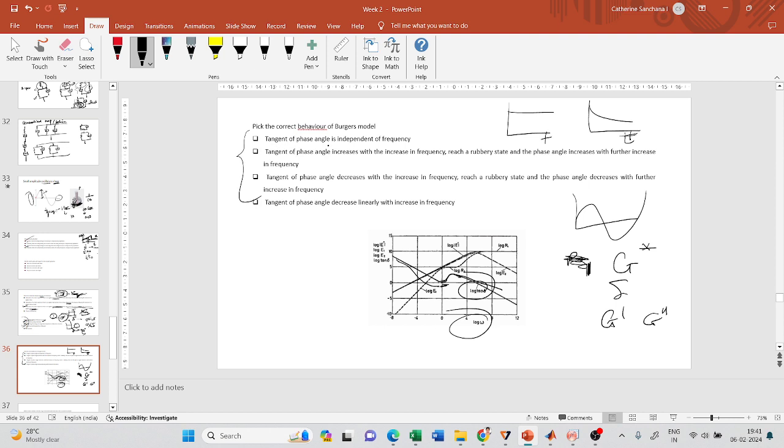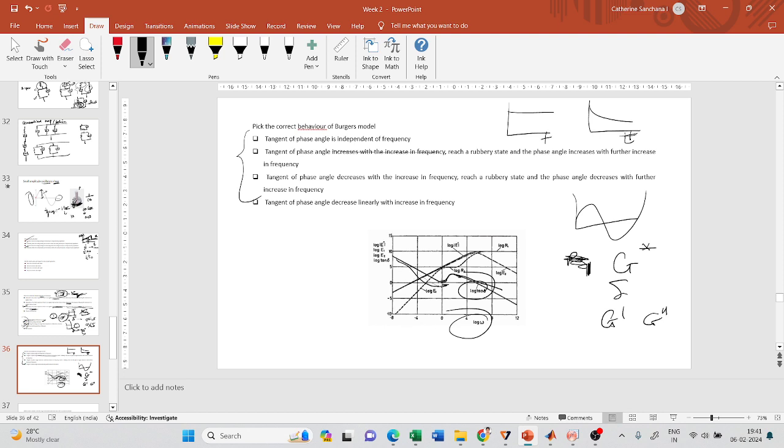Okay. So, tangent of phase angle is independent of frequency. If it is independent of frequency, it has to be a straight line, right? Second, tangent of phase angle increases with increase in frequency. This statement itself is wrong because in both the cases it decreases. Now again, tangent of phase angle decreases with increase in frequency.